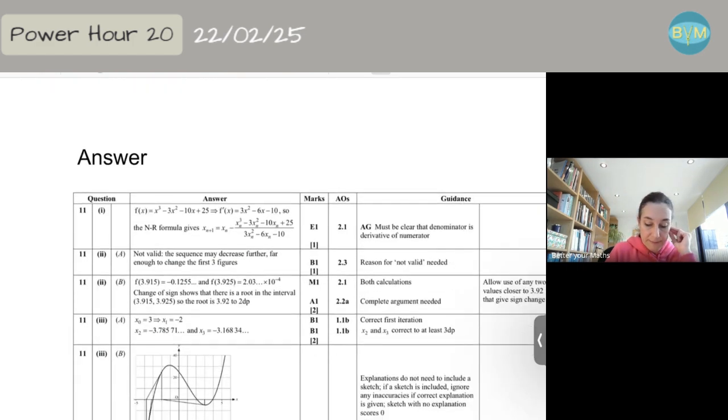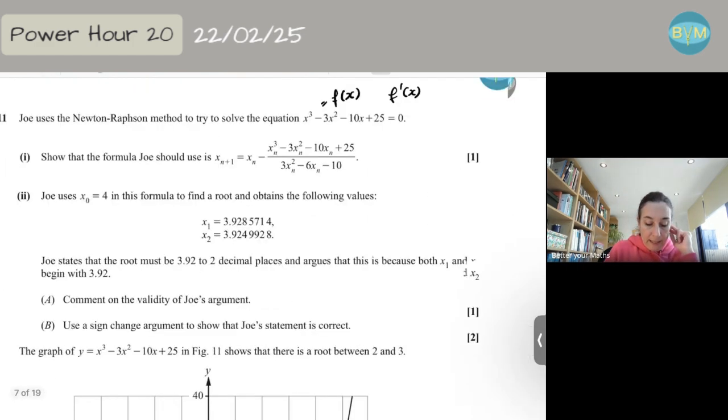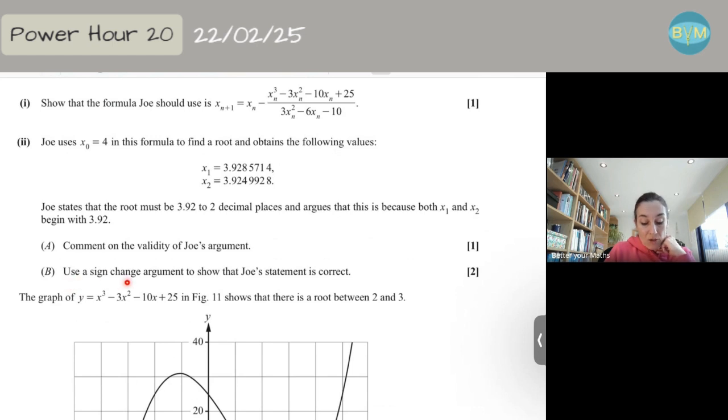So could you use the sign change argument to show that Joe's statement is correct. So we say that it might not be correct because the decimals can change, but he's correct, and now we are going to prove it, not just saying, oh, this is surely this.